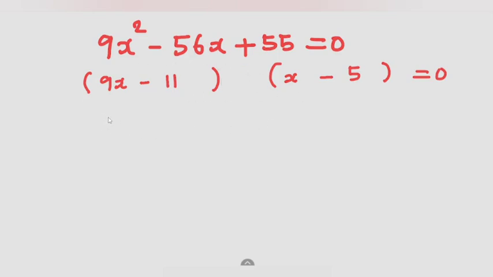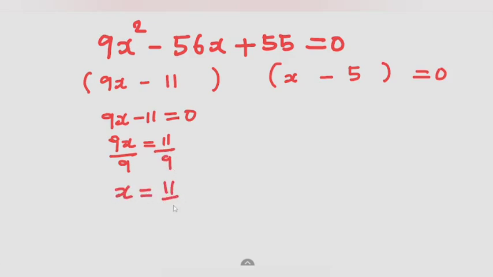So here we can start equating 9x minus 11 is equal to 0. So you can have 9x is equal to 11. You divide by 9, even here you divide by 9, and x is equal to 11 over 9. So this is the value of x.